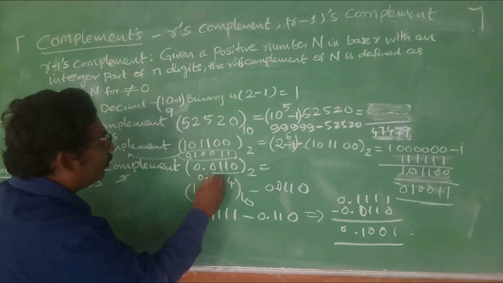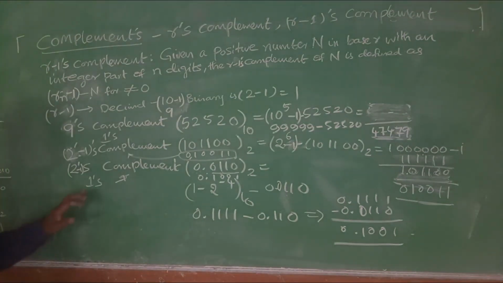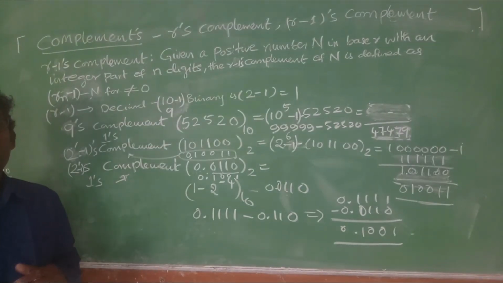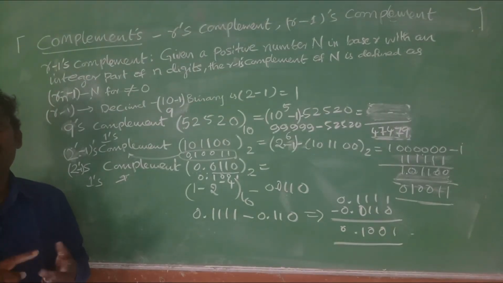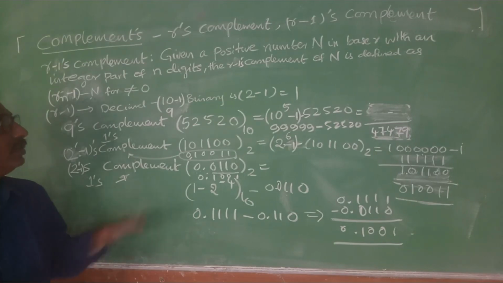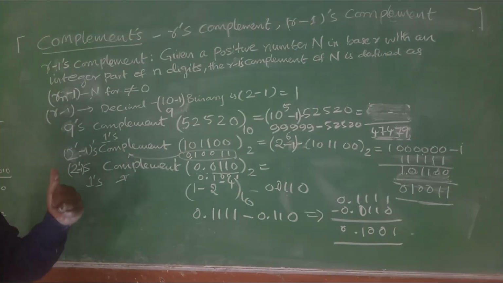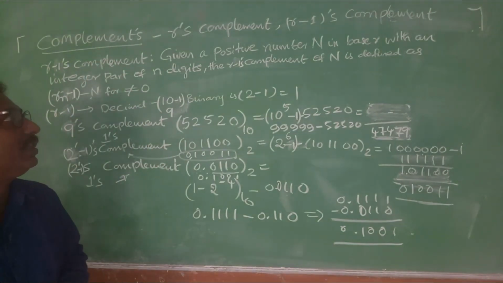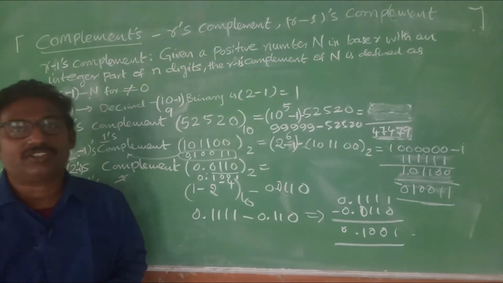So the output is 0.1001. So this is about the ones complement. Identifying or converting the ones complement of a binary number is very easy: 1 becomes 0 and 0 becomes 1. So this is all about the R's complement and R minus 1's complement. This topic was regarding complements. With this I am concluding my session. Thank you.